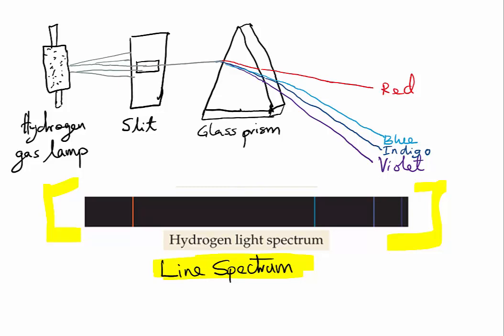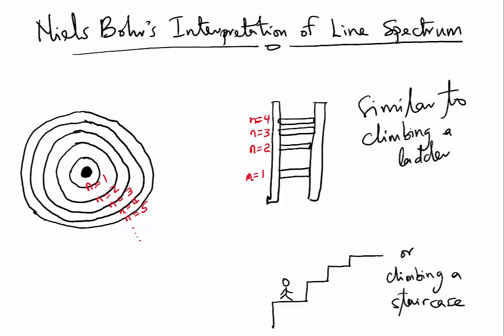The interpretation of the line spectrum was offered by Niels Bohr. Niels Bohr was able to link the arrangement of electrons in an atom to the line spectra of different gases.